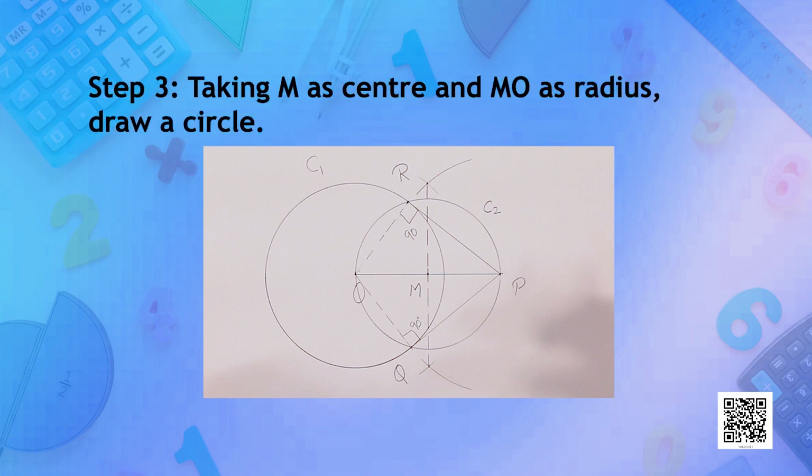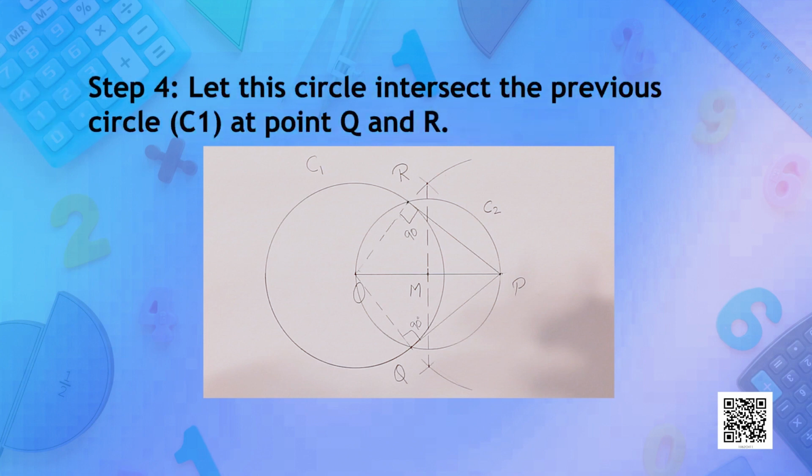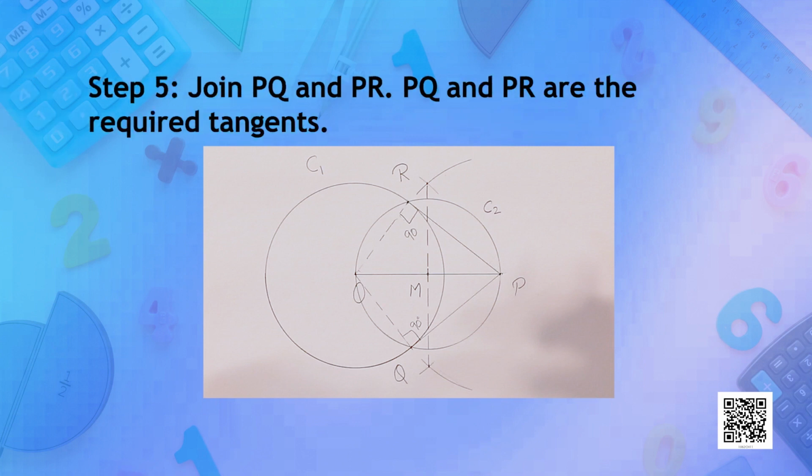Next step, taking M as center and MO as radius, draw a circle. Let the second circle intersect the first circle at points Q and R. We will join PQ and PR. These two line segments PQ and PR are the required tangents.